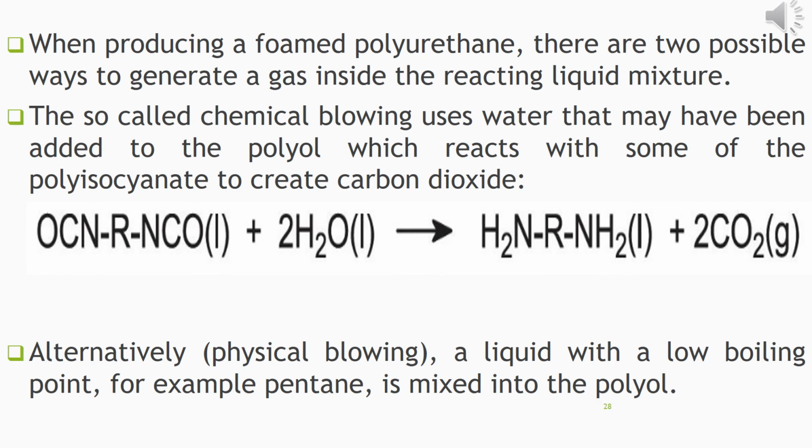So here's a reaction given. The diisocyanate reacts with water and produces carbon dioxide, and that carbon dioxide produces foaming or bubbling. Due to that bubbling, the gas is generated and the mixture blows up. The formed polyurethane is produced.